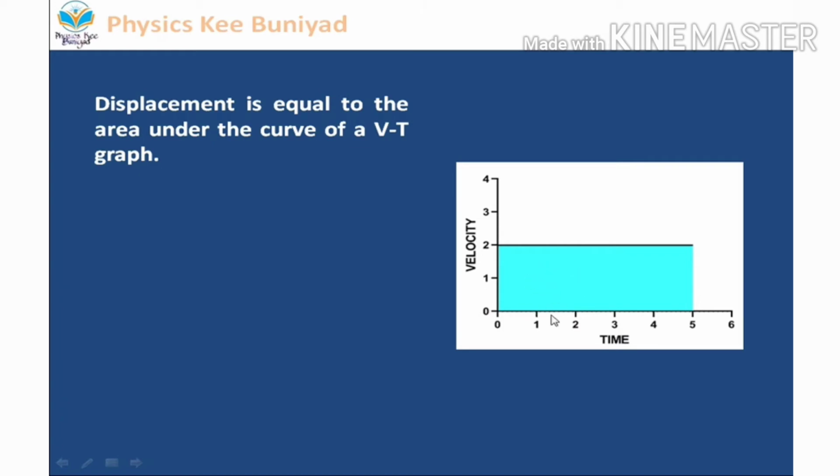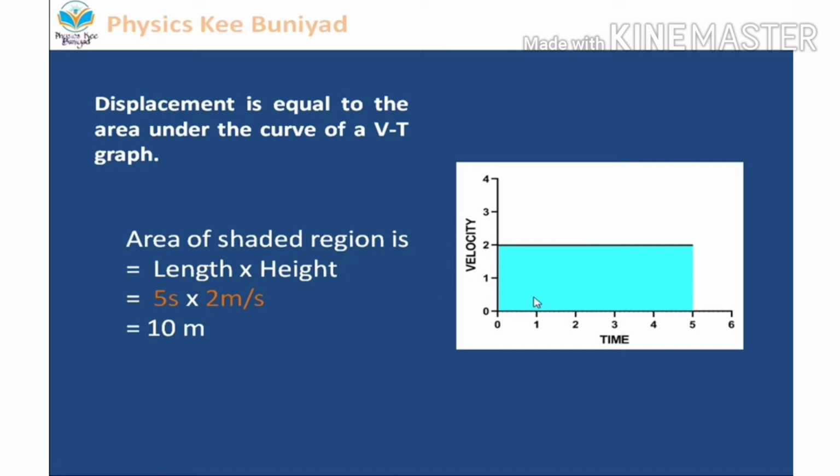So this is the velocity time graph, and if I take the area under this curve, the shaded portion is the area. As it is a rectangle, we will use the formula length into height.